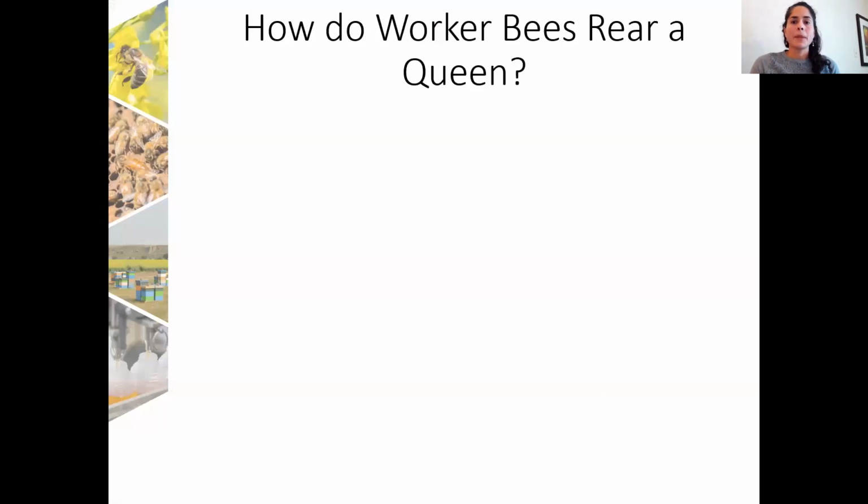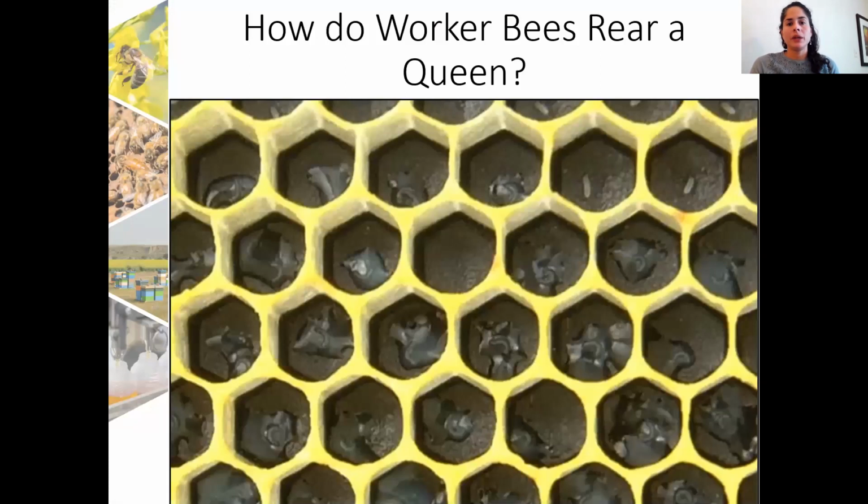And how do bees rear a queen? Well, bees will select very young larvae in a colony. It has to be a very young larval life stage. So they will select those very young, and I circled a few here that are in that life stage, that are very young, that they can still become queens.